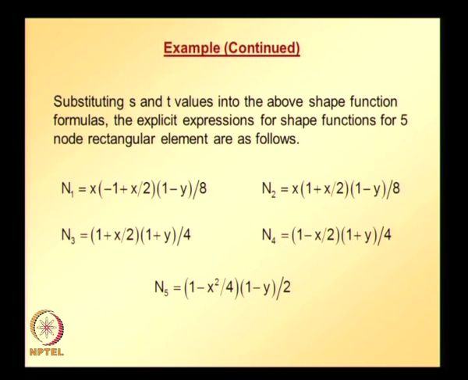And we can also plot this, if one wants to visualize how these shape functions look when they are plotted with respect to x and y, x going from minus 2 to 2, y going from minus 1 to 1.